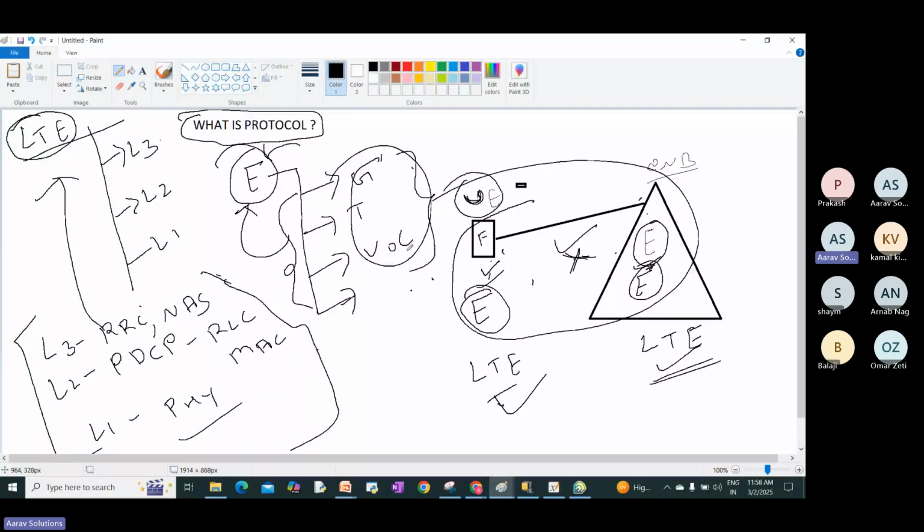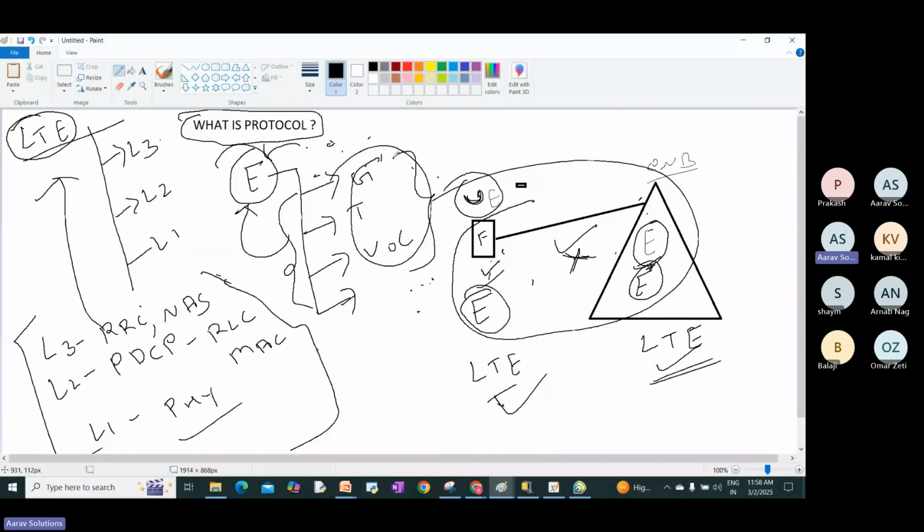The point is, if you say it is a set of rules, that is correct. But when we are learning or trying to understand something, we have to visualize what is happening in real time. Until you are able to visualize that complete process, you still have some understanding gap.